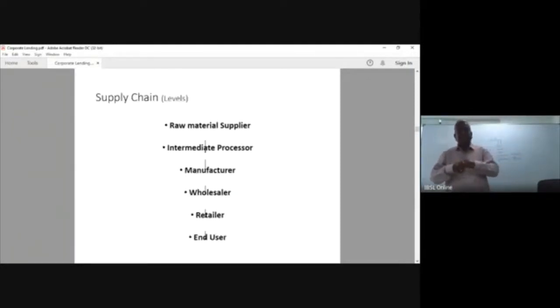Any industry will have a supply chain. What is a supply chain? The supply chain of an industry means how material goes from the raw material up to the end product.